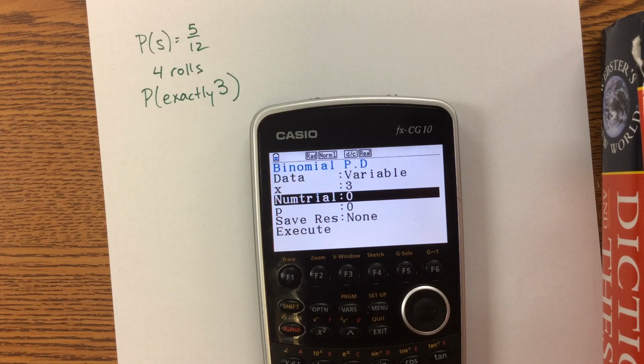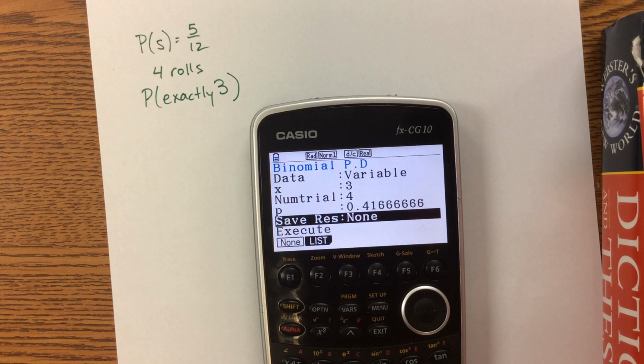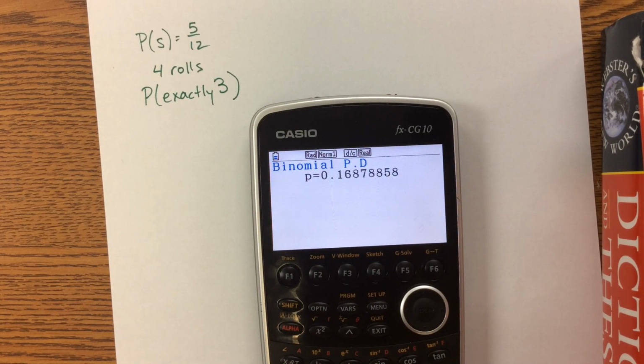Our number of trials, well, we're throwing the dice 4 times. And then our probability of success goes here, so that is 5/12. When I hit enter, it gives me the probability of having exactly 3 sums of greater than 7 if you're rolling the dice 4 times.